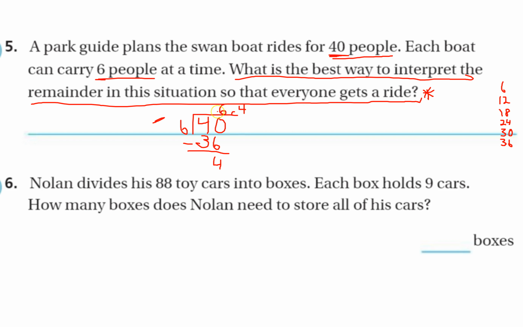Well, we've already gone on 6. There's 4 people left over. So we have to add 1 to the quotient, okay? So the way we interpret that remainder is we need to add 1 to the quotient.